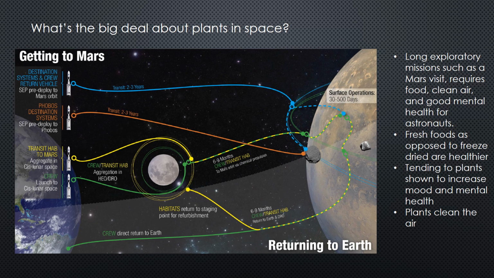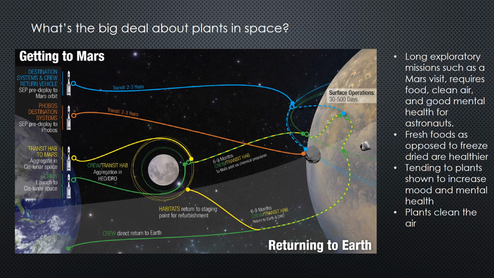And so you're going to require food, clean air, some good mental health for our astronauts. And amazingly, plants do provide a lot of that. So we know that plants tend to clean air. They absorb our carbon dioxide that can be toxic to us if it builds up.